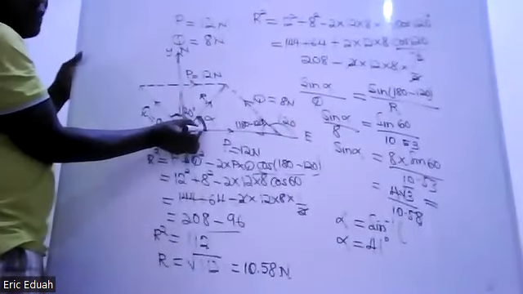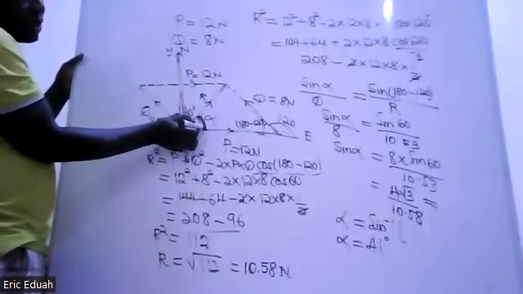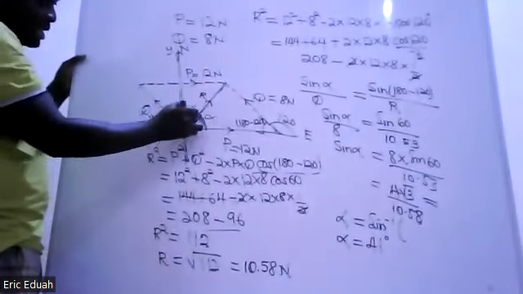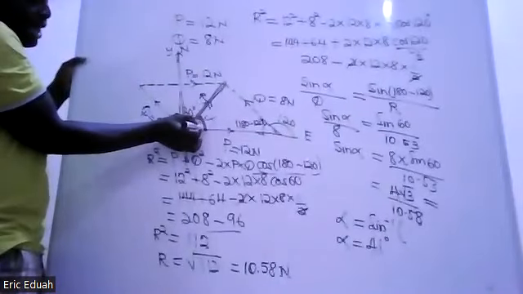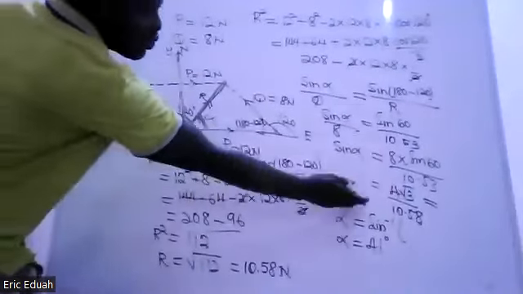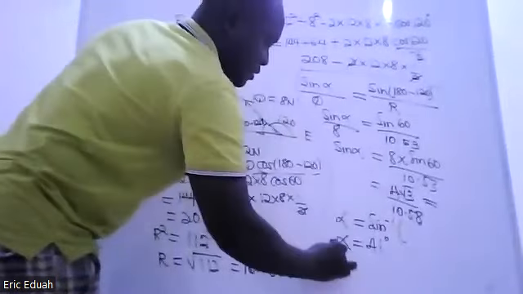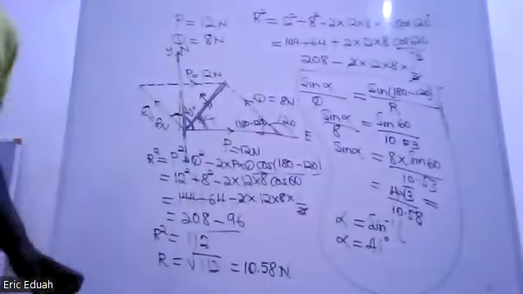So if it is to the x-axis, then if I'm here, I have to turn through this angle to face this resultant, isn't it? Good. So I have to determine this angle alpha, and that is what we've done here using the sine rule.